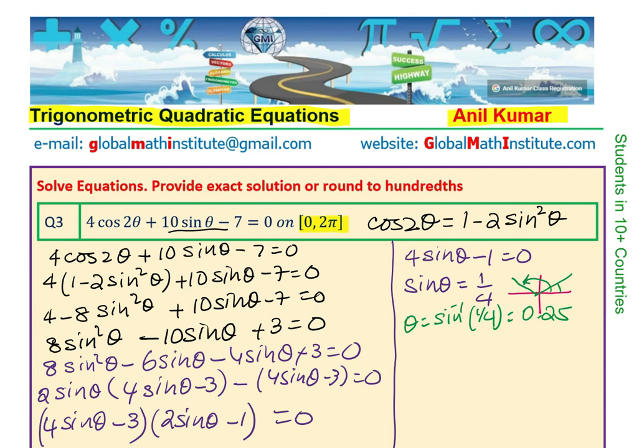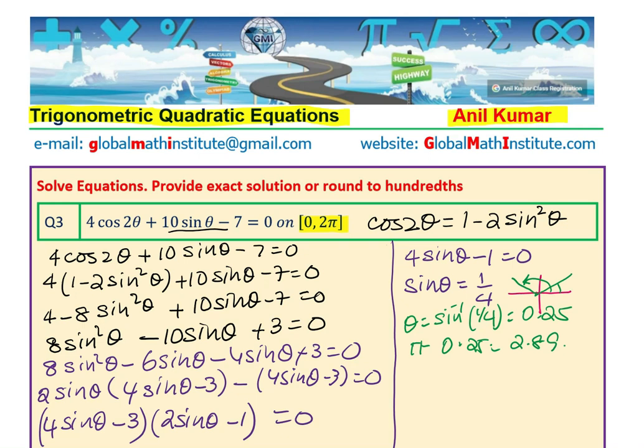The other value is pi minus that, right? So let's do pi minus 0.25, and we get 2.888 or 2.89.